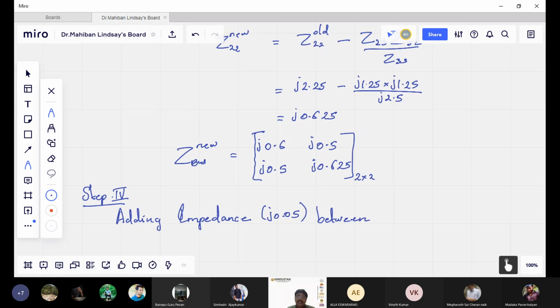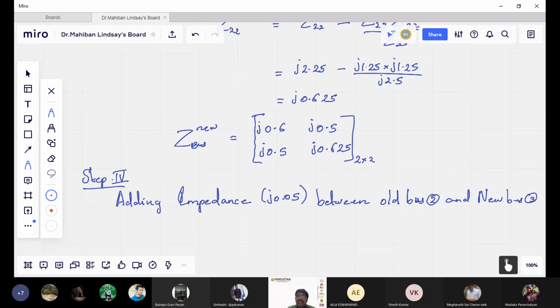Bus 2 we already considered, that is the old bus, and the third bus is not yet considered till now, that is the new bus 3. So in this case we can underline that it is old as well as new, it will be easy for us.